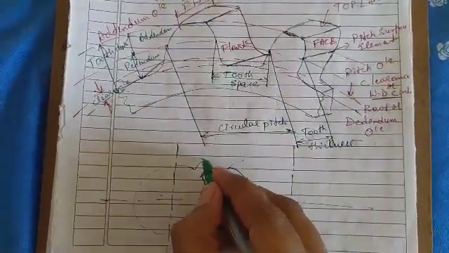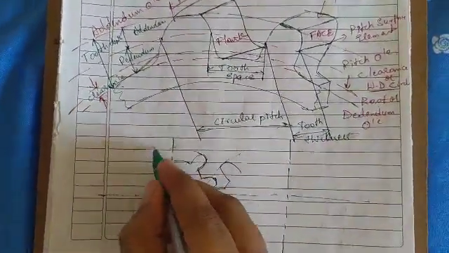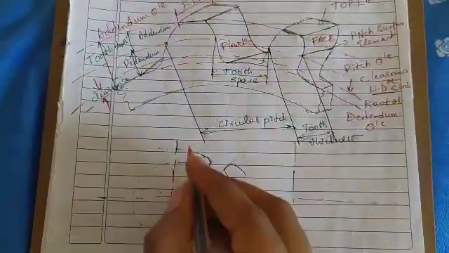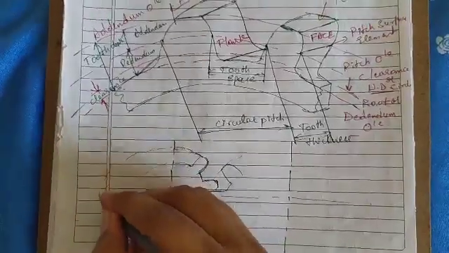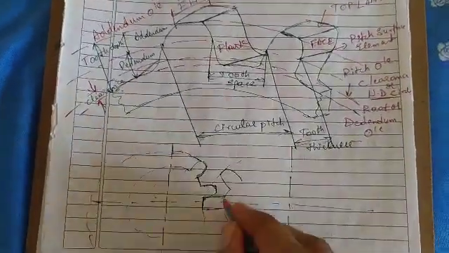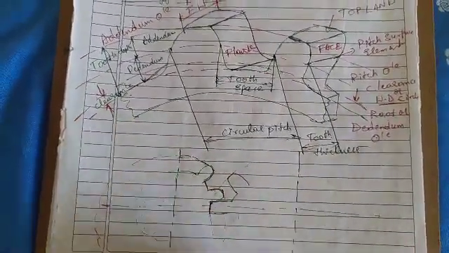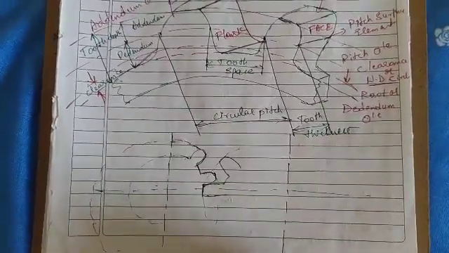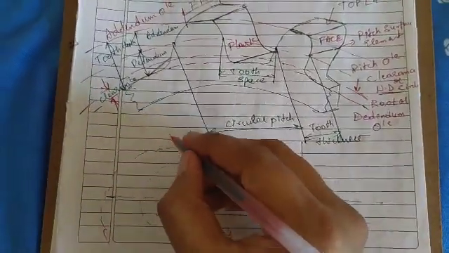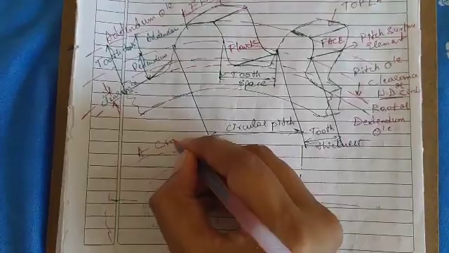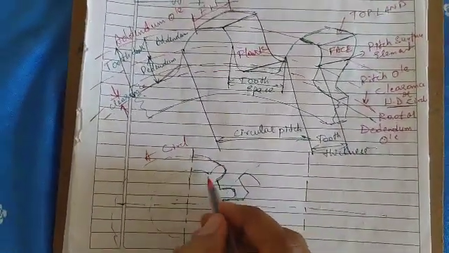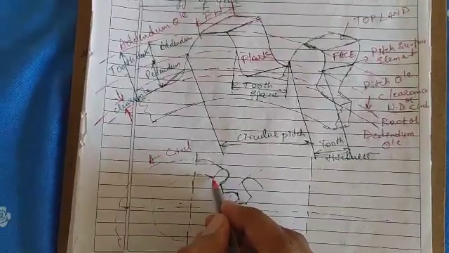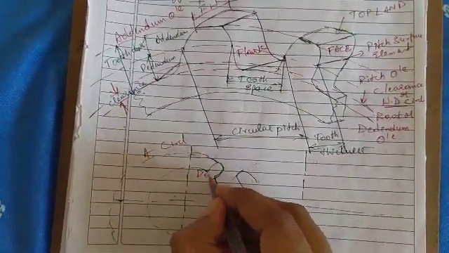Above this circle is the addendum circle, and below here is the dedendum circle.